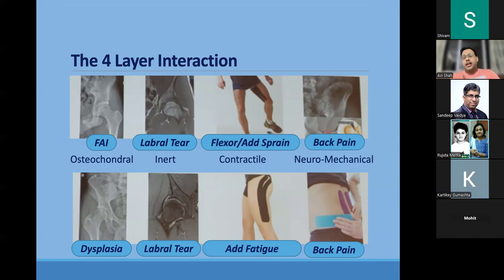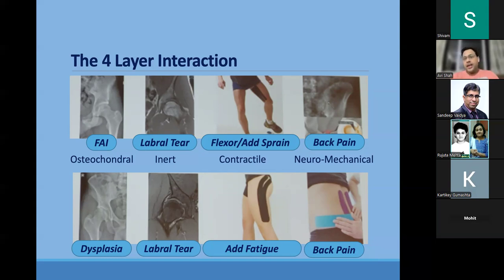Because of the constant labral tear, they can have flexor and adductor strain or tendinitis, and long standing that can also cause back pain. So if you start thinking of these conditions and examining by layer, you can get an entire layer diagnosis and then properly plan.